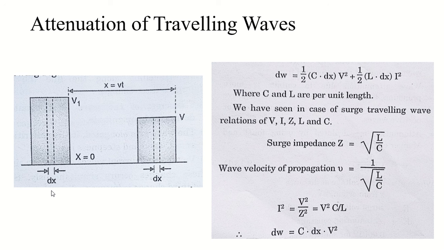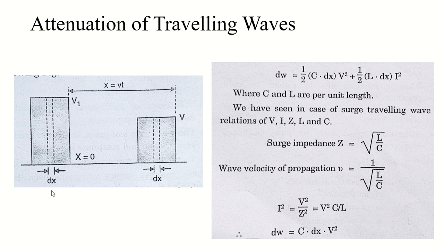Based on that, we can say that I square will be equal to V square by Z square. And again, what is the value of my surge impedance? Z equal to under root L by C. So Z square will be L divided by C. So my I square's value will be C V square divided by L. The value of dW will be C into dx into V square here.